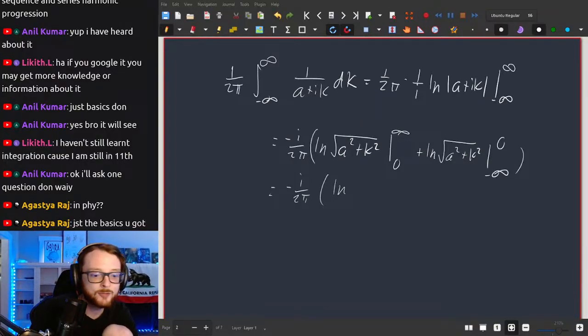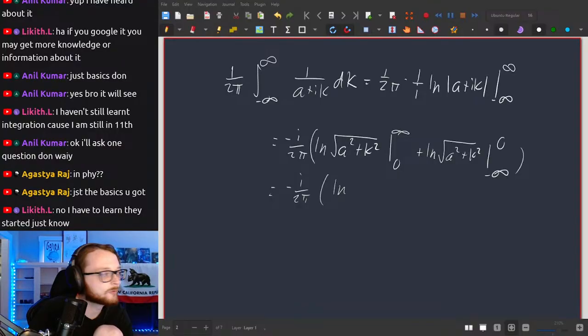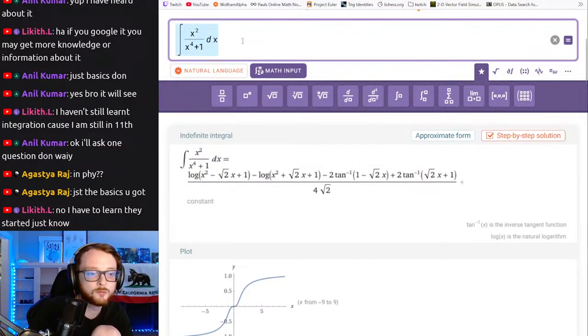You know what? Can Wolfram Alpha actually do this integral?